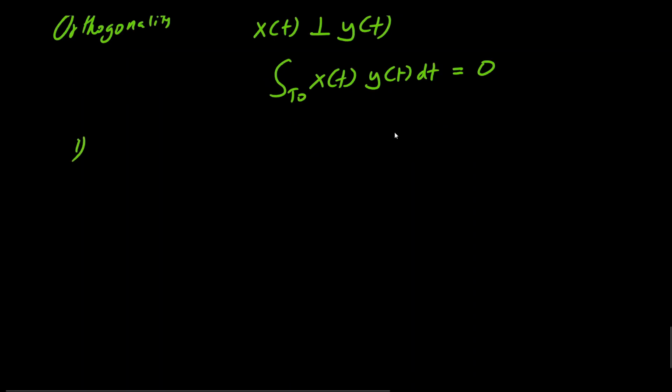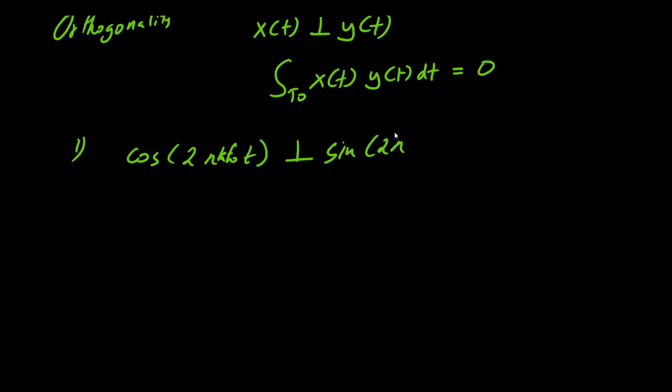So in the first example, let us take the trigonometric Fourier series into consideration. We want to see if cos 2 pi k f naught t is perpendicular to sine 2 pi k f naught t.